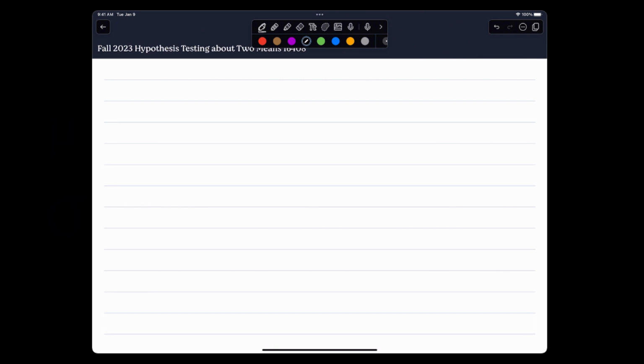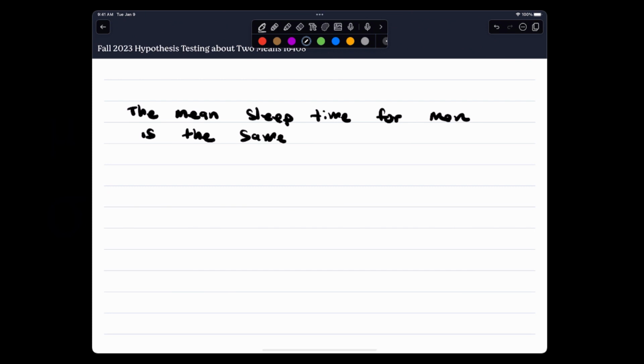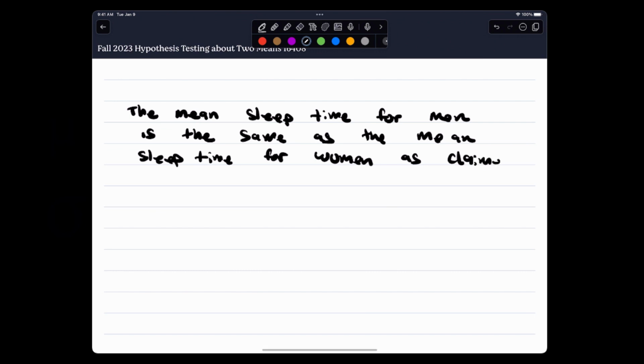We're going to say the mean sleep time for men is the same as the mean sleep time for women. Okay, again, as claimed by Snodgrass.